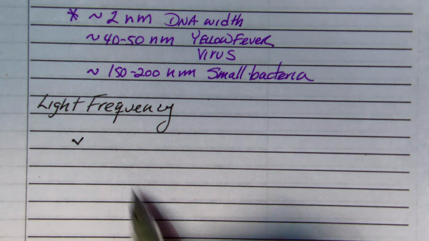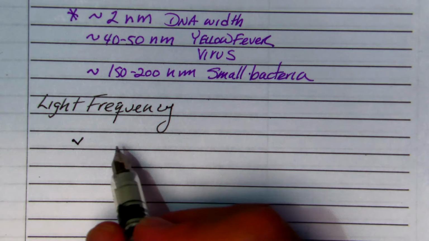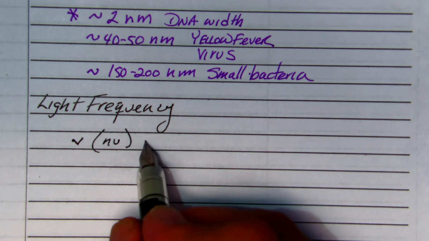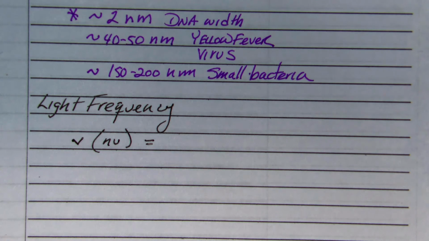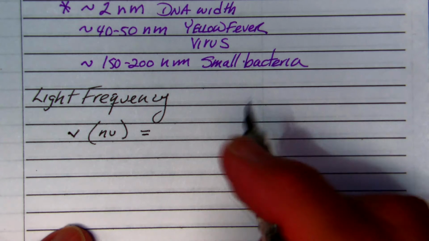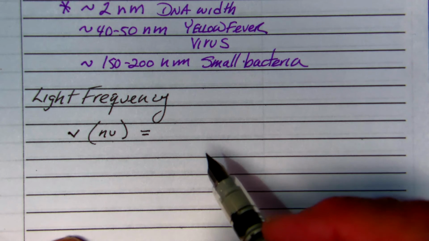It looks like a V, but it's not a V. It's the letter nu. The frequency of light is basically how many cycles pass through a reference point per second. So it's measuring how many waves are going through in a given second.